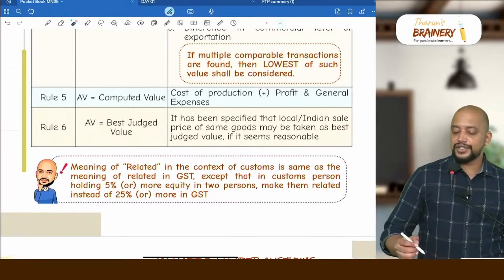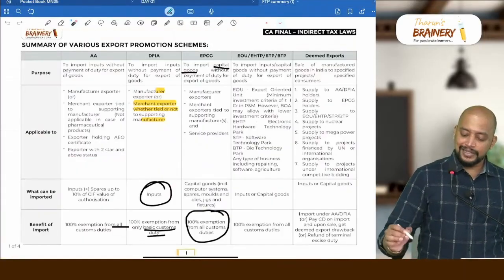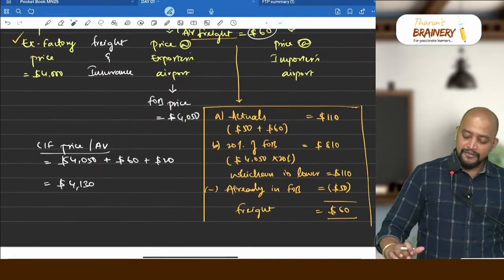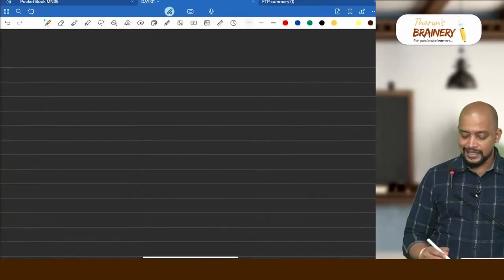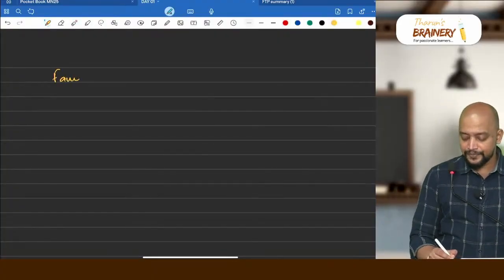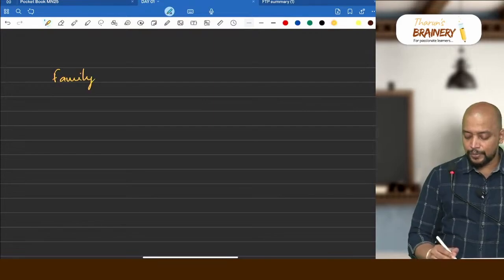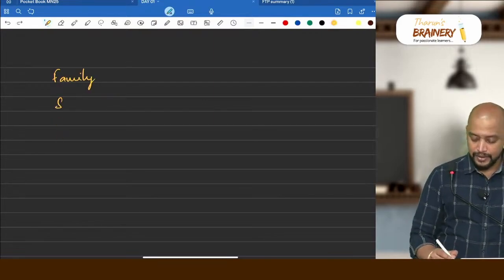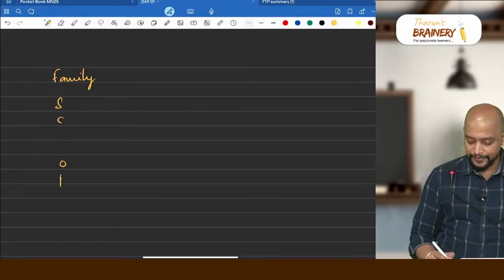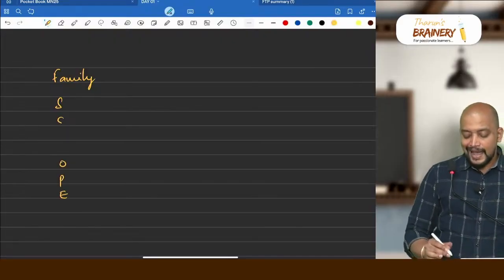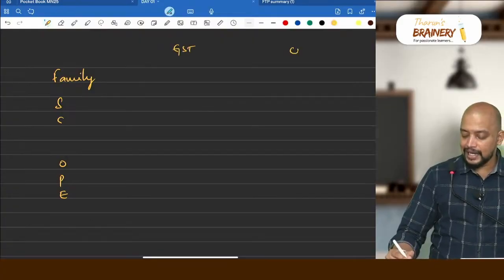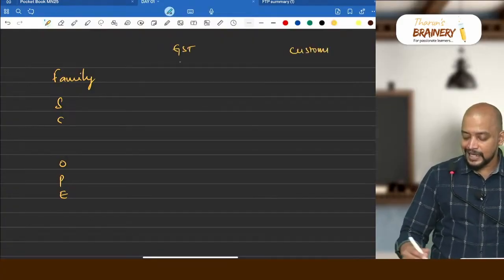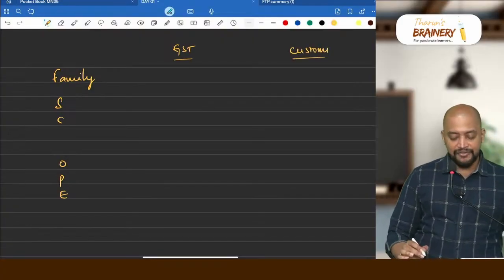Then the next one: when they are treated as related. You can easily remember the related definition as "family scope". Okay, you remember the related definition like this: family, scope. In GST and in customs, what is the meaning of family?